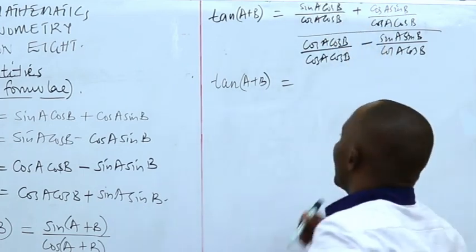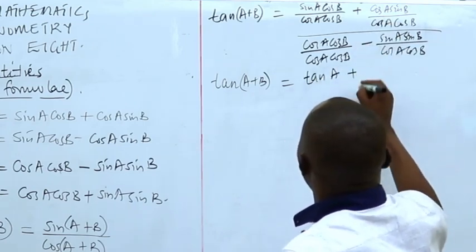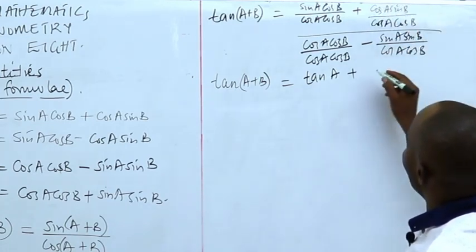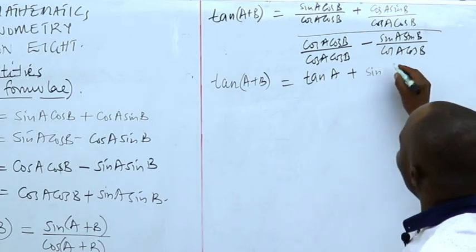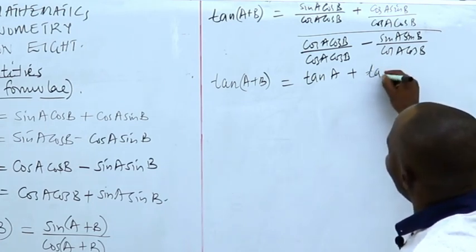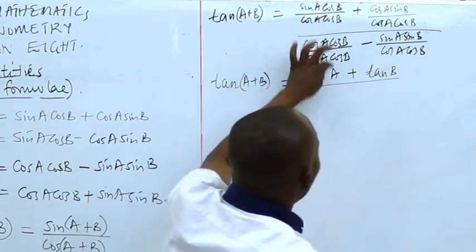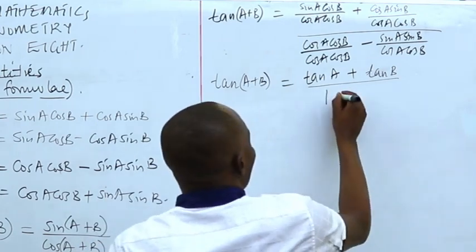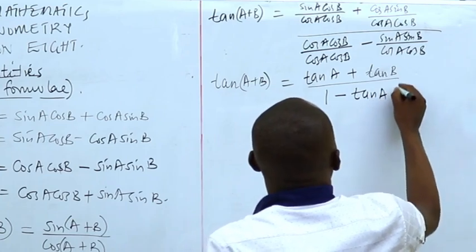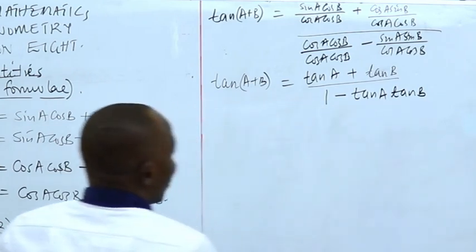Sine A over cos A will give you a tan, so that is tan A. Then plus, here the cos A disappears, remaining with sine B. Now sine B over cos B is tan B. Over, from here these are the same, so they will cancel out and remain with 1 minus tan A tan B.